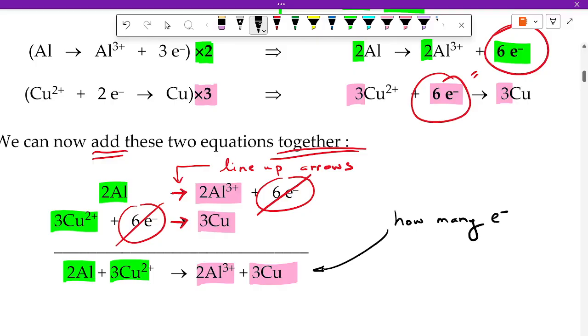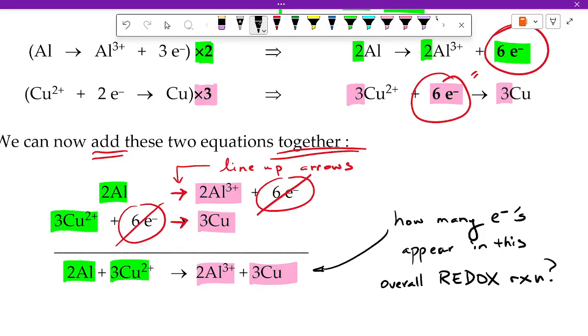How many electrons appear in this overall redox reaction? 0. You should not see electrons in a redox reaction. If you are balancing a full reaction, there should be no electrons.